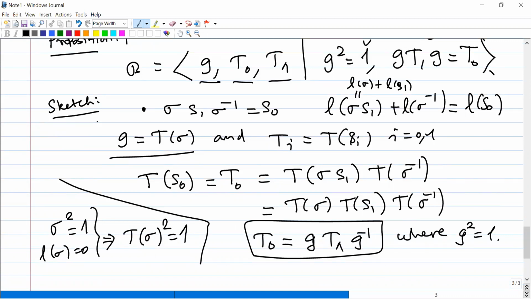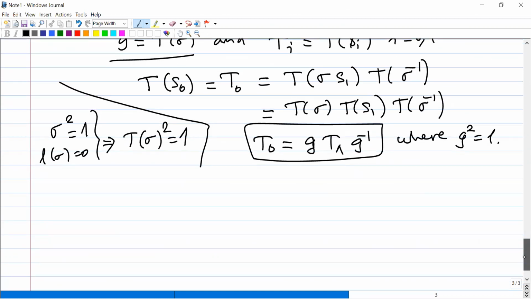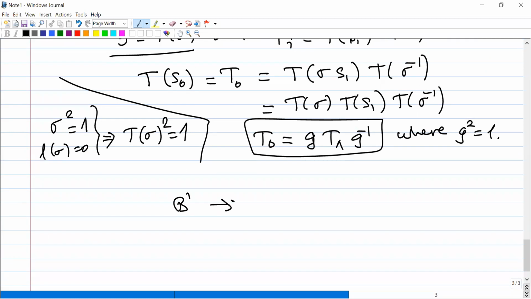If you call this group B dash, you have a map from B dash surjectively onto B. And the other way map is not very hard to produce. So that proves actually B is isomorphic to B dash.